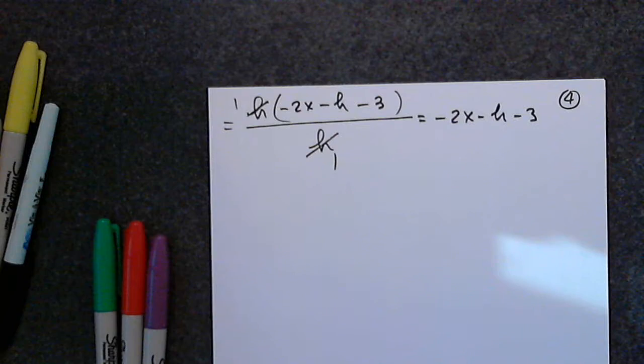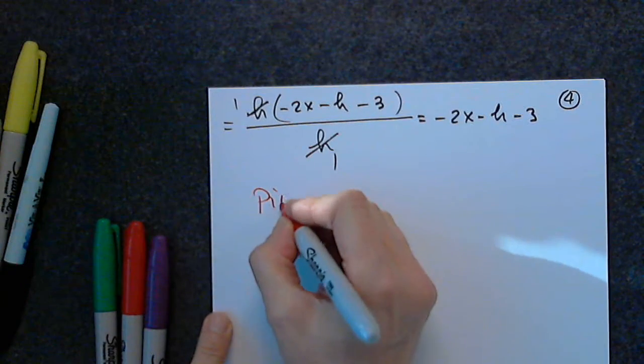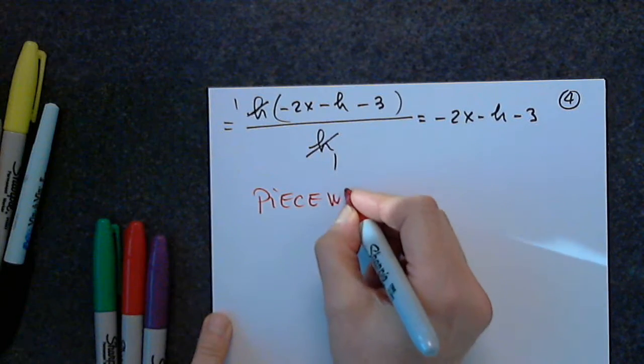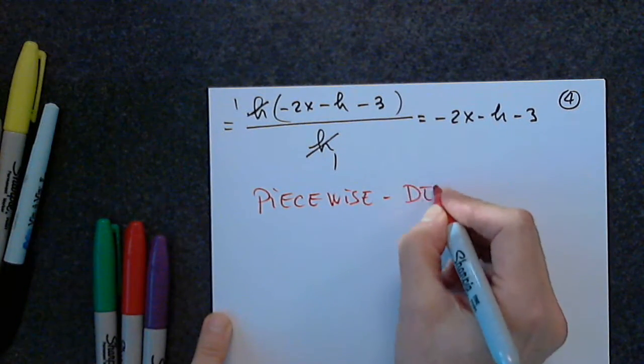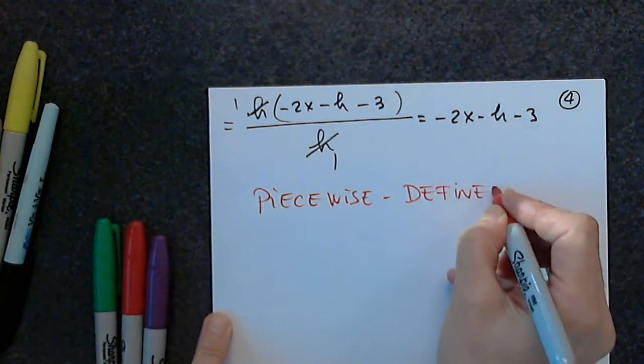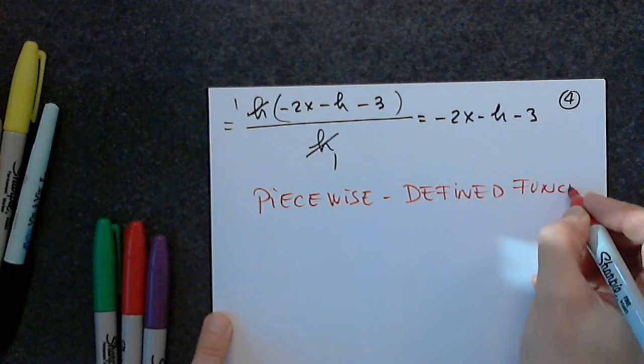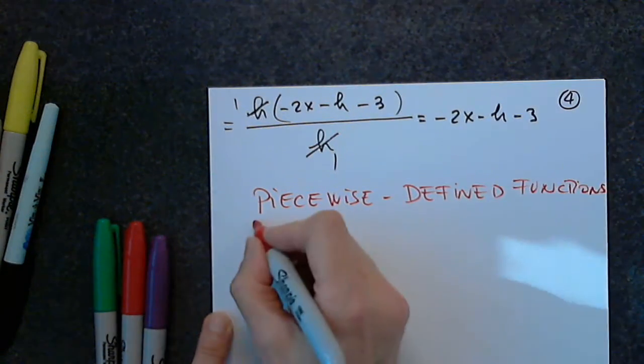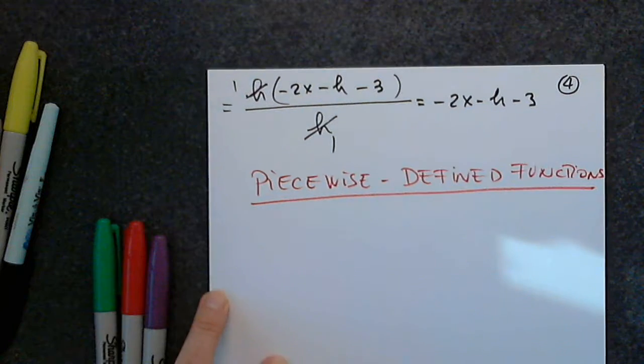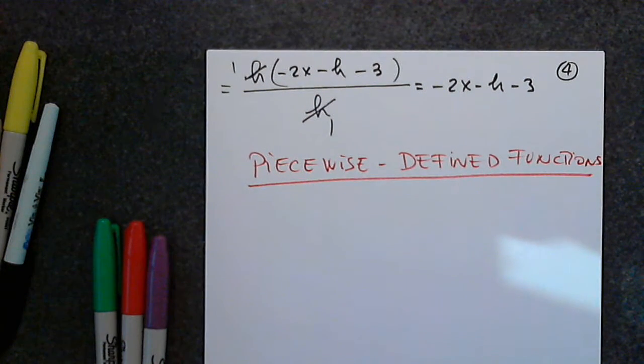Okay, so last thing that we need to look at in section 2.2 is what is called piecewise defined functions. Piecewise defined functions. Okay.